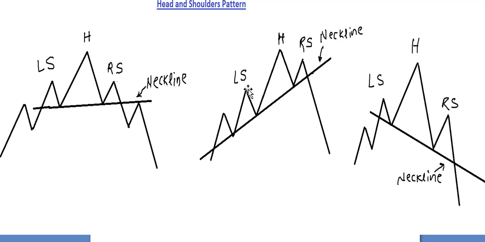Again, here this is the left shoulder, this is the head, this is the right shoulder, and when we join the lows, the line is called the neckline. And when the neckline is broken, we get an opportunity to trade on the downward or short side.